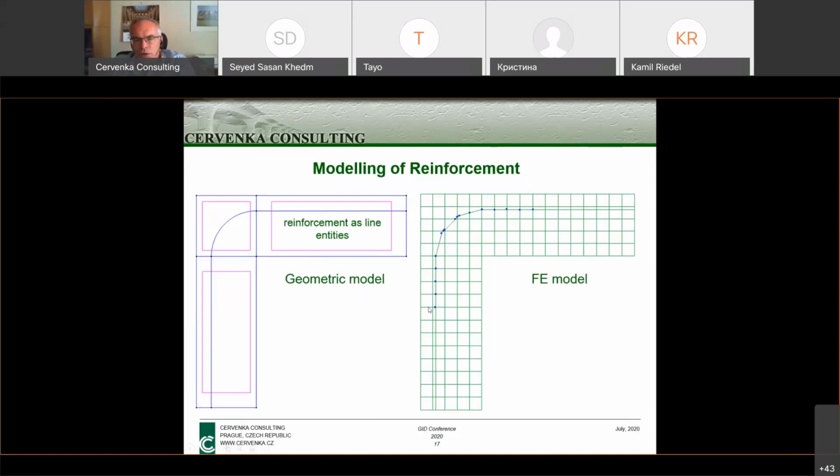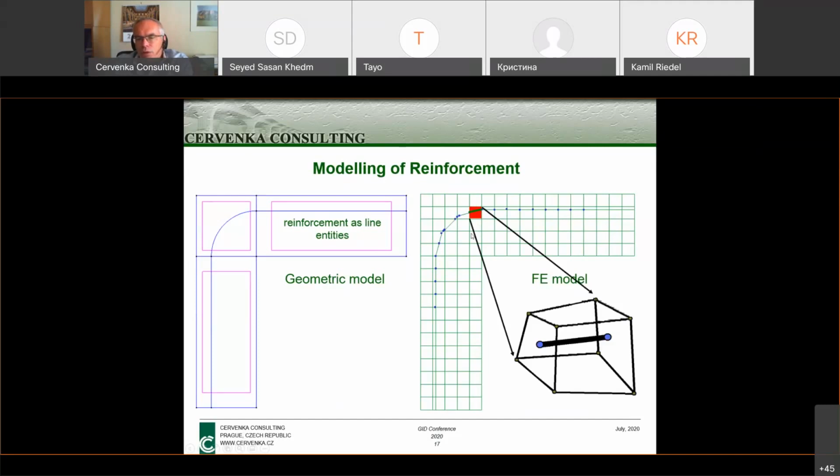The program then searches how this reinforcement definition intersects with our, in this case, 2D mesh. And at each intersection, it puts a new reinforcement node, which is indicated by these blue points. And it also adds one truss element representing the reinforcement, connecting these blue points. So in the end, we have a solid element, and inside this solid element, we have an embedded truss element representing the reinforcement.